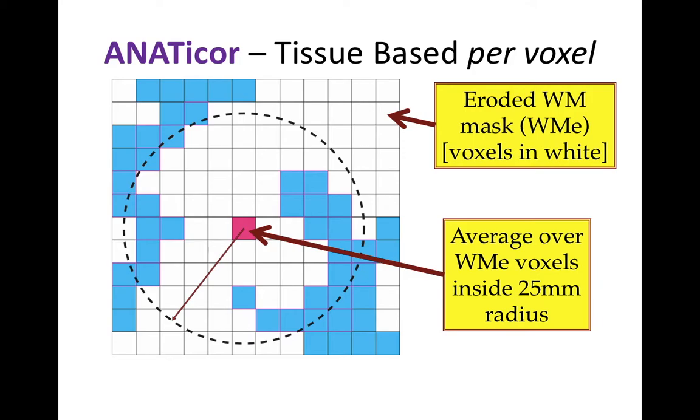We just average over all the white matter voxels inside a 25 millimeter radius, say, at each time point, and do that across all the time points, and we have a regressor for that voxel. For a voxel over here, we have a slightly different sphere drawn around it with a slightly different set of white matter voxels inside, so we get a slightly different regressor of no interest.